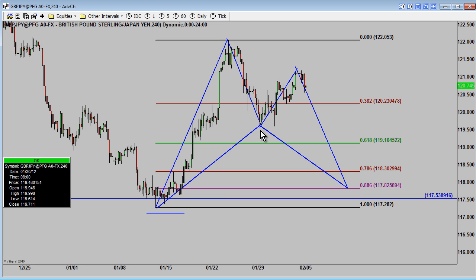We're going to be talking about these pullbacks and these impulse legs in determining where to draw fibs, and how to draw Fibonacci retracements and extensions on your chart. And then the last thing we're going to talk about during that training is a couple of strategies that you can use to start making money using these types of ratios and pattern recognition.